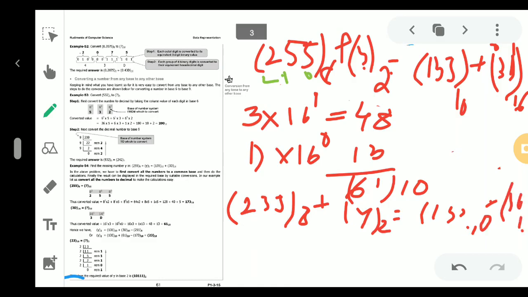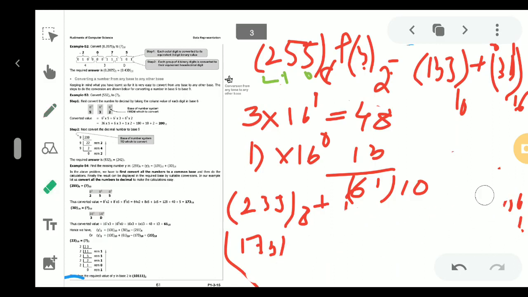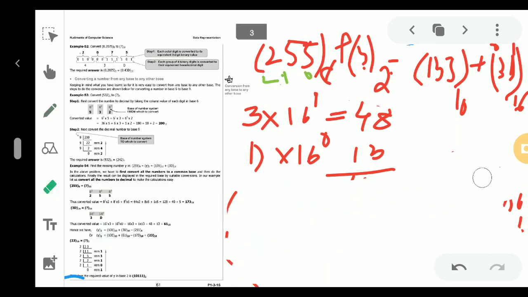So I am putting the base 10 values. 255 base 8 means 173 base 10, plus the y value, which we don't know, so we will keep the term. It becomes clumsy. Let me clear this up, because from the beginning I am writing, it becomes so clumsy.